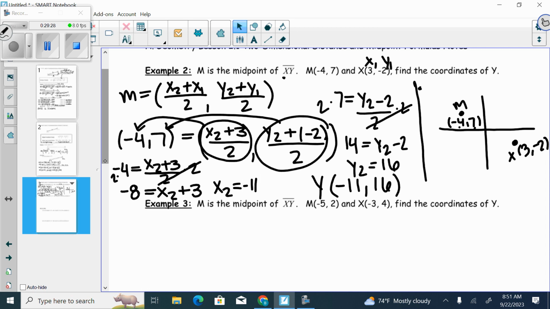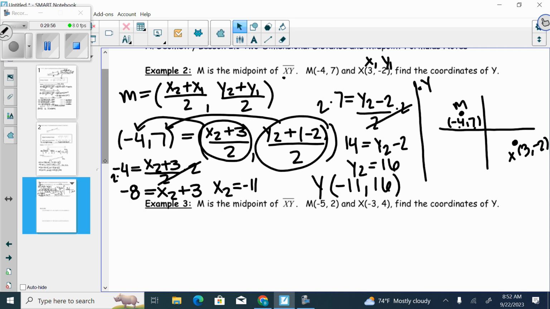From -4 to +3. 7. Good. So I went to the right 7 to get here. I would need to go to the left 7 to get to my y, somewhere up here. And negative 4 minus 7 is what? Negative 11, which is exactly what we have here.